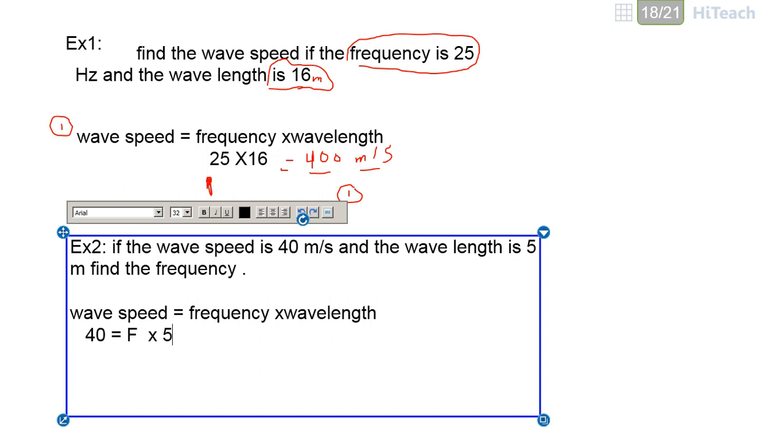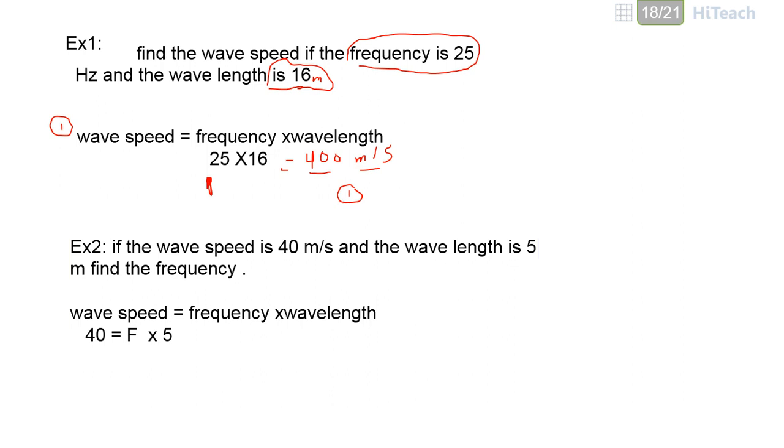How can I solve this? I have to divide both sides by 5, so they will be cancelled. So at the end, the frequency equals 40 divided by 5, which is equal to 8. What is the unit of frequency? Hertz. Don't forget. This is the answer for this example.